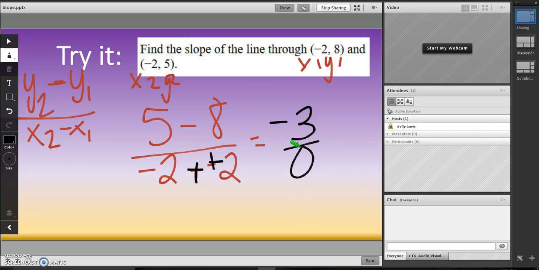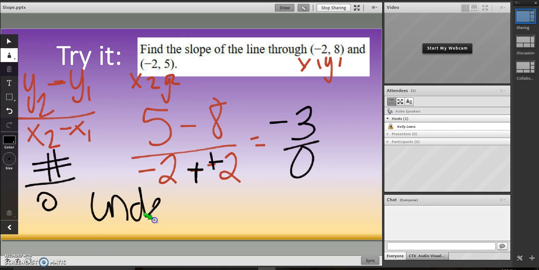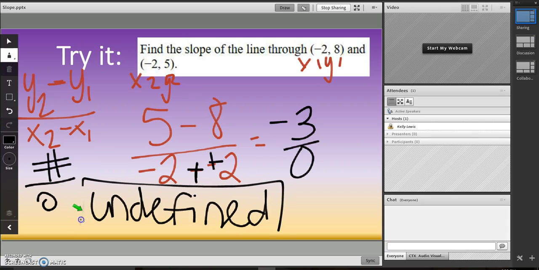So if you stick that in your calculator, it's going to explode. All right, it really won't explode. It'll say error, or it'll say undefined, or it'll say can't do, because anytime you have a number over 0, it is undefined. Okay, so here, the slope is undefined. And if you look carefully and notice this pattern, the x value is the exact same.